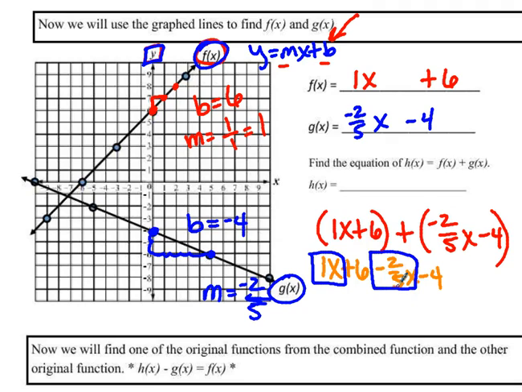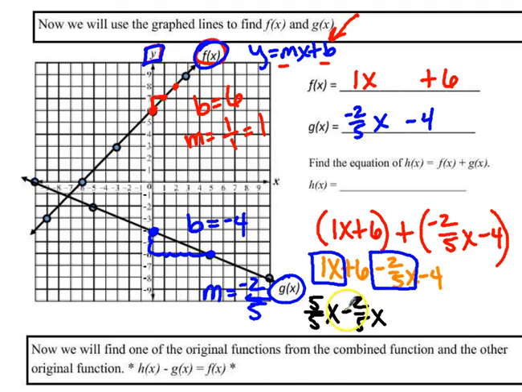Check this magic out. Ready? This is going to get crazy. Isn't 1 the same as 5 over 5? Think about it. 5 divided by 5 is 1, right? It's the same thing. So if I have 5 over 5x minus 2 over 5x, let's see how this works.